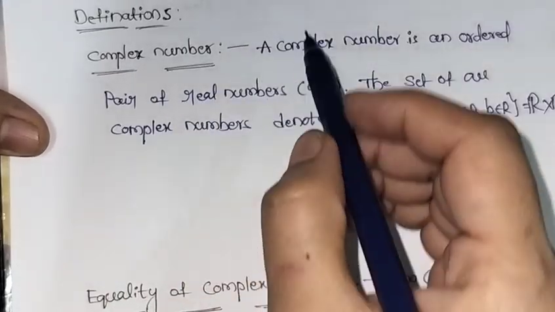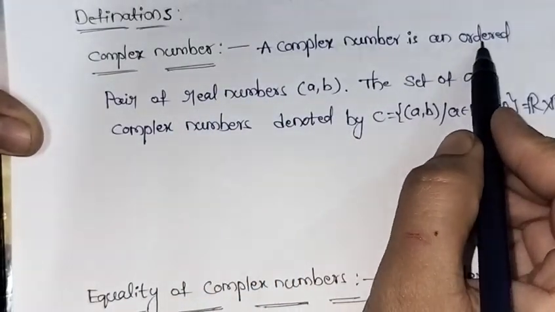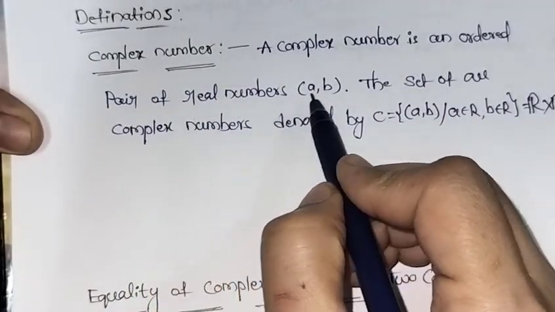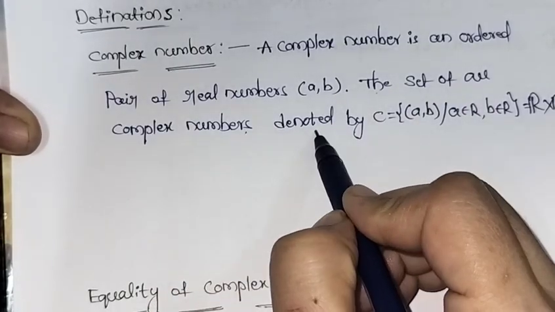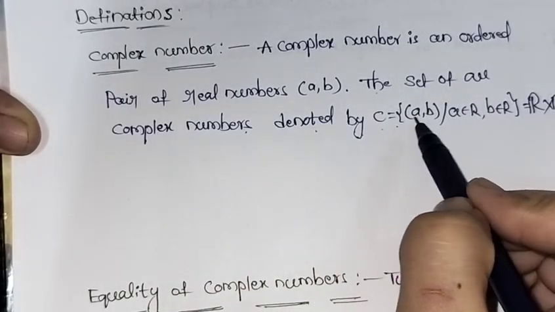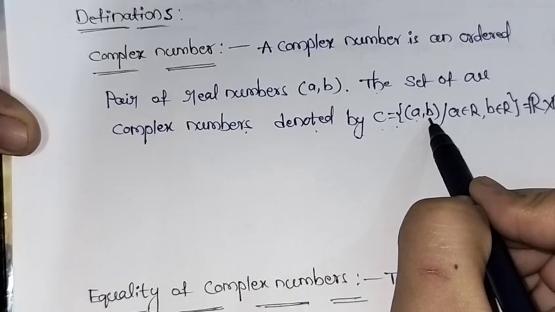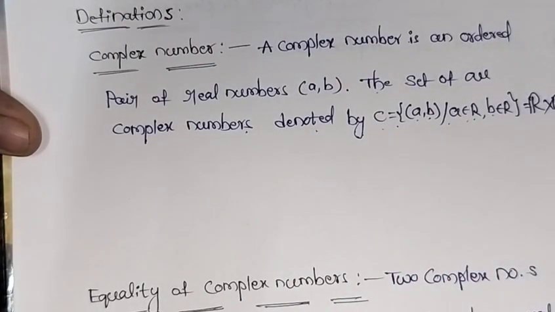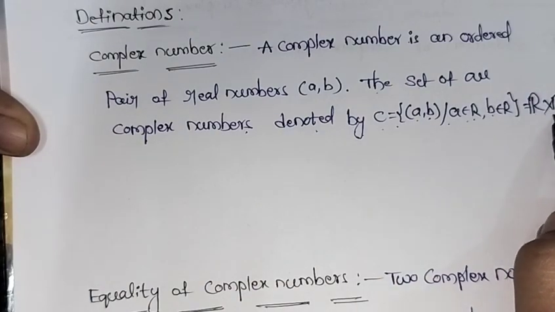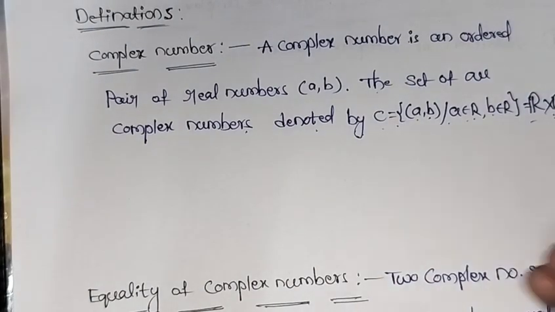A complex number is an ordered pair of real numbers a comma b. The set of all complex numbers denoted by C is equal to the set of ordered pairs a comma b such that a belongs to R, b belongs to R, which is R cross R. This is a relation.